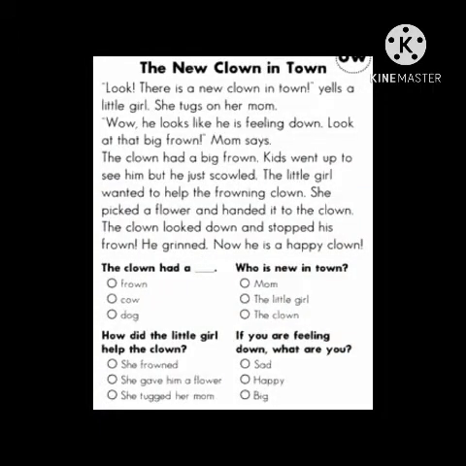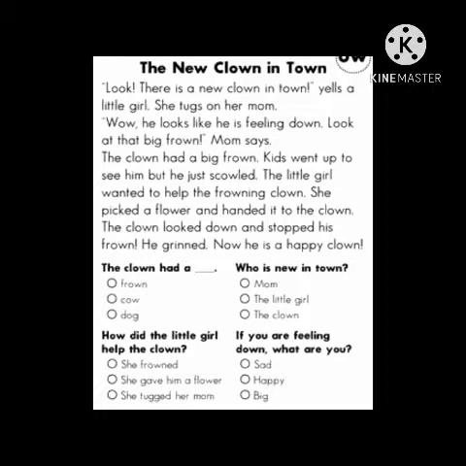The new clown in town. Look, there is a new clown in town, yells a little girl. She tugs on her mom. Wow, he looks like he is feeling down. Look at that big frown, Mom says. The clown had a big frown.